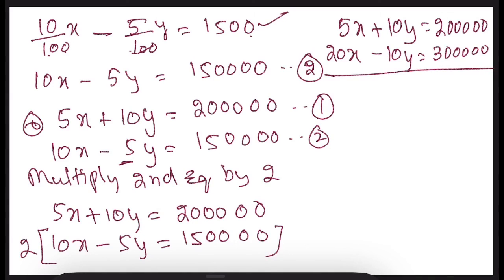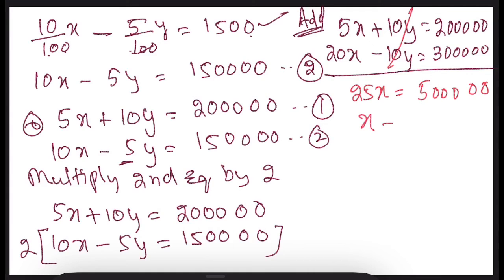Okay. Now what shall we do? Adding. So now the y terms get cancelled. So this becomes 25x equals 500000.